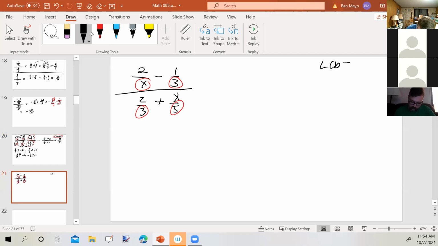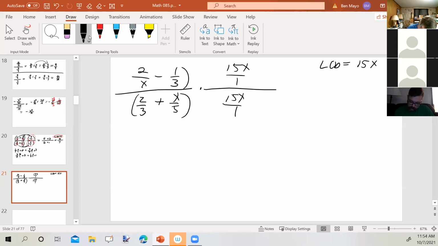My least common denominator would be 15x. Any question how I got the 15x? All right. So I'm going to multiply by 15x over 15x.